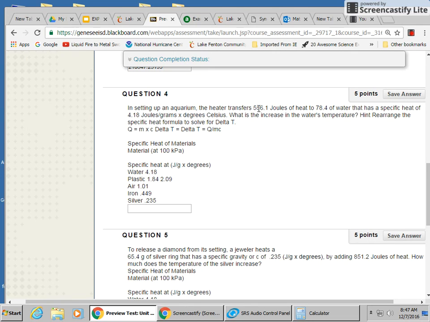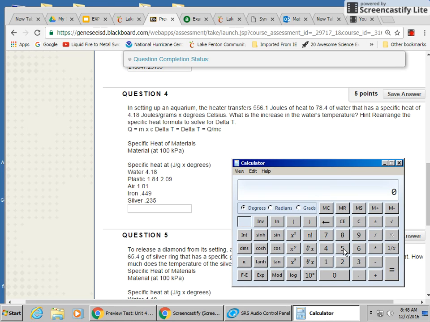So over here, we've got Q, which is 556.1. We've got, oh, this is grams of water, 78.4. I got to make a note of that. 78.4 grams of water. So we're looking at 556.1 divided by MC, which is 78.4 times 4.18.